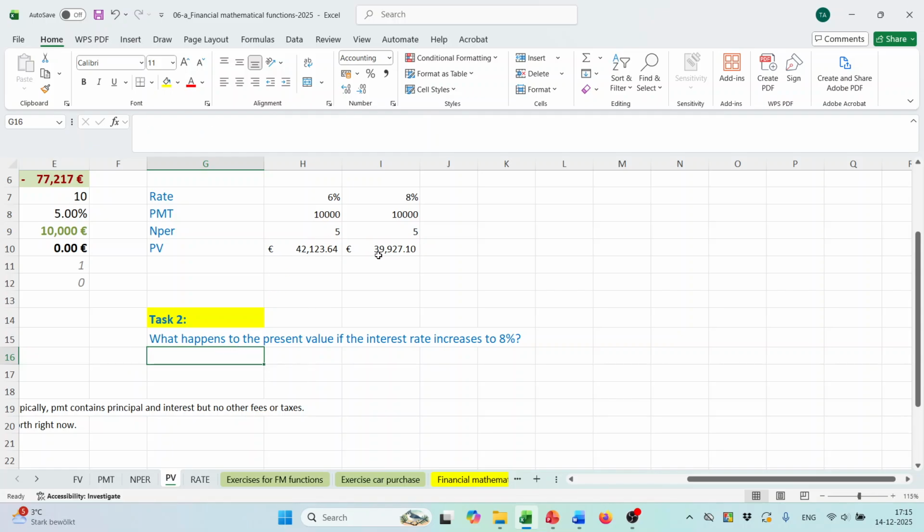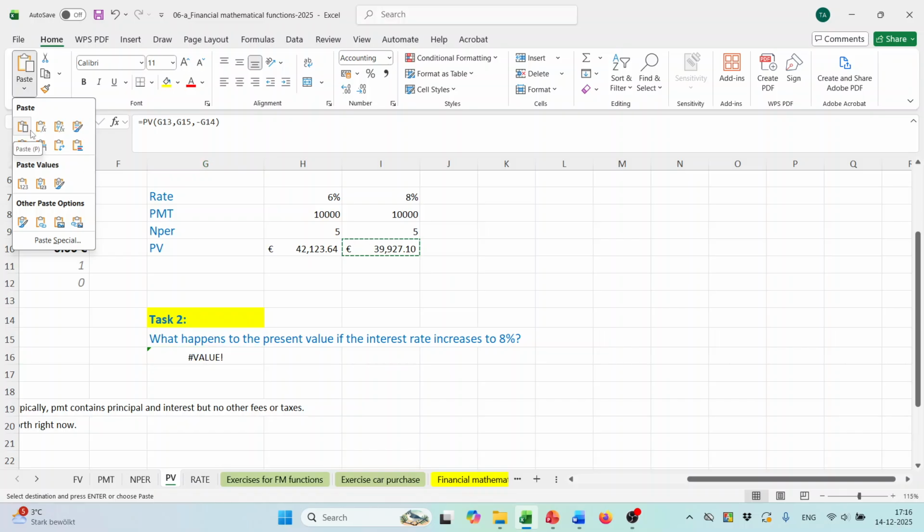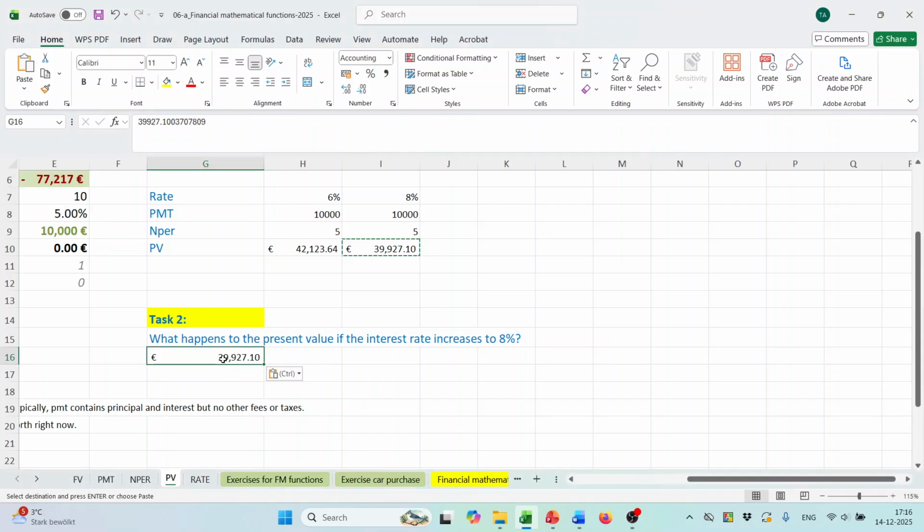We select here, copy by Ctrl C, then select the cell where we want to paste, then press the little arrow button, and we will get the options, and from here we select the values. Then Excel will only paste the values, not the formulas.